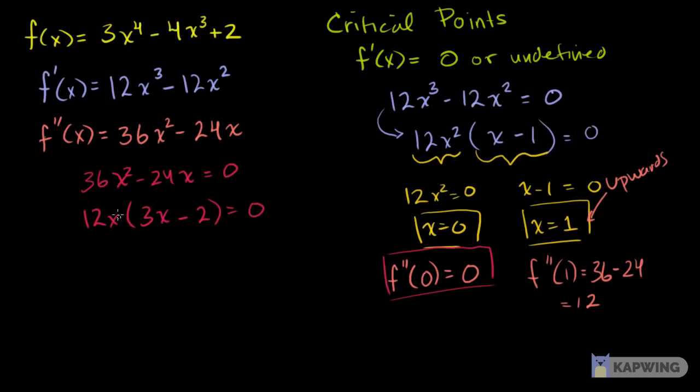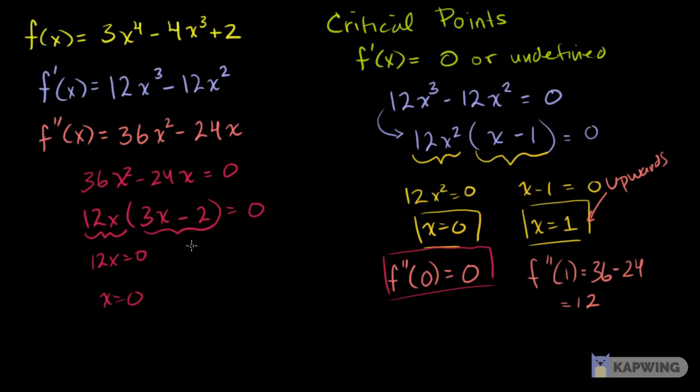These two are equivalent expressions; if you multiply this out, you'll get the expression up here. So this is going to be equal to 0 if 12x is equal to 0, which gives us x equals 0. So the second derivative is 0 there, and we already knew that because we tested that number. Or this other factor could be 0, and then the entire second derivative would also be 0.